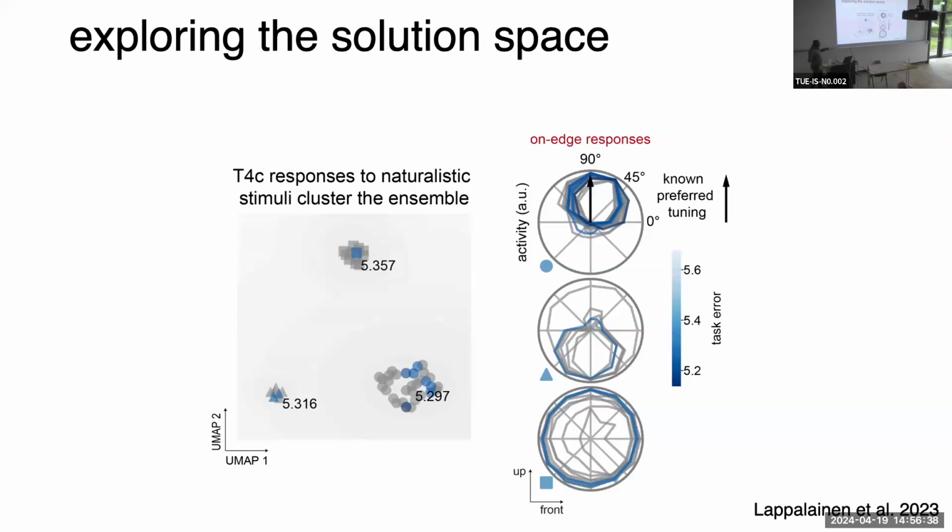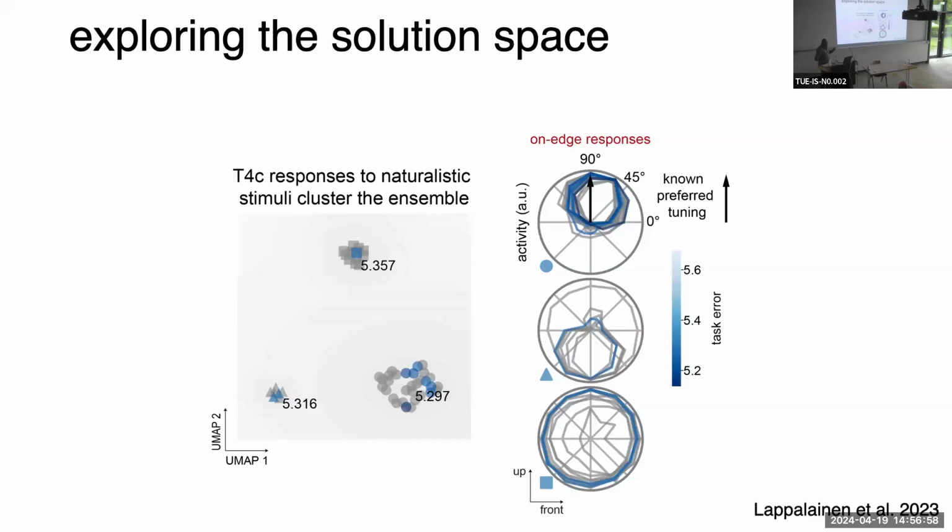And looking into these solutions, there's something interesting that we find. There's numbers associated with each of these clusters. The numbers are basically the performance on the optic flow test. That network that neuron came from, how good was that network at computing optic flow?